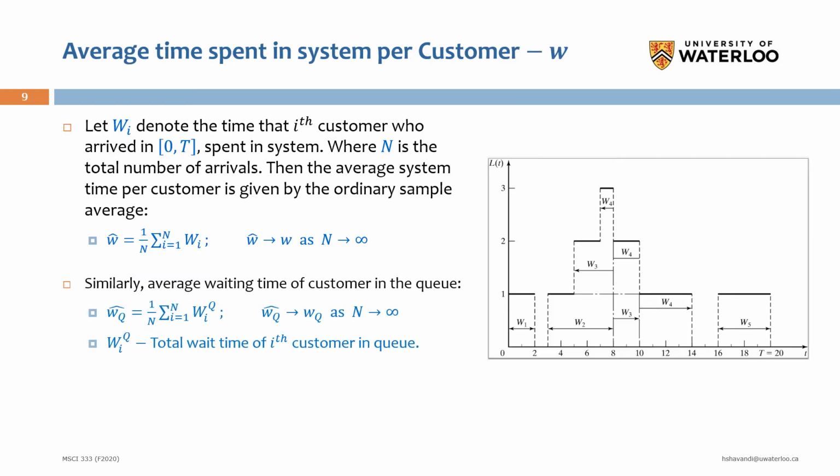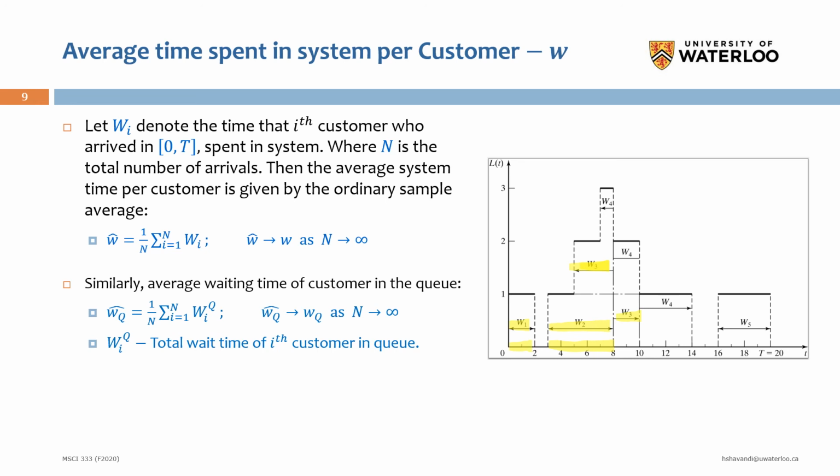The average time spent in system per customer. So for W here, as you see, W1 means customer number 1 spends W1 time in the system, which is 2 minutes, right? W2 is for customer 2. It spends 5 minutes, right? From 3 to 8. And W3 is for customer number 3. As you see here, customer number 3 arrives in the system at time 5 and then departs at time 10. So 5 minutes this customer is in the system.